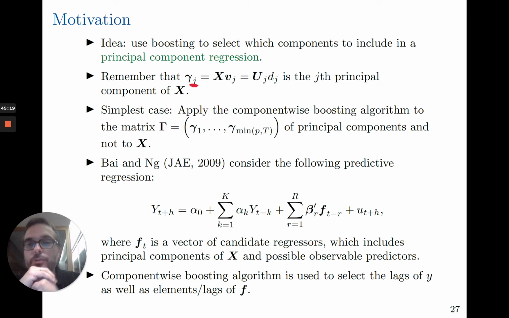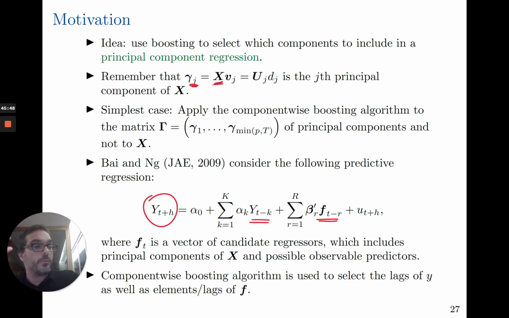So the authors consider, if you have a variable y that you want to forecast, you may use lagged y's plus some factors. These factors can be principal components of the x's, can be the x's themselves, can be squared values of the x's, or squared values of the principal components.